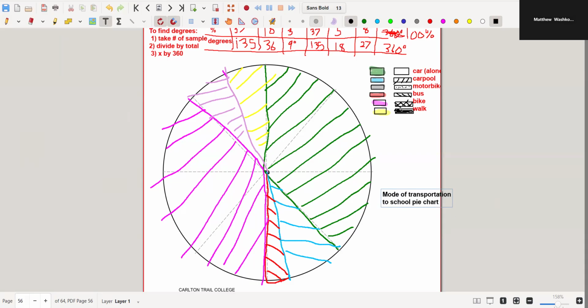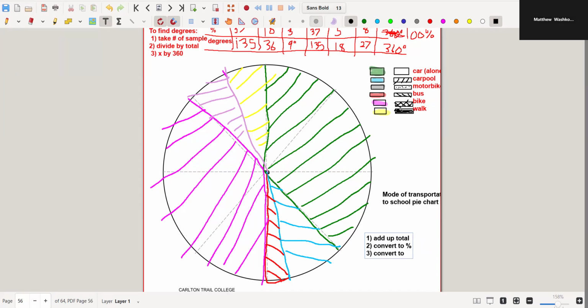Now, if you prefer written instructions, I recommend you write that down here now. The first thing you do is you add up the total amount. Then you need to convert to percentage.